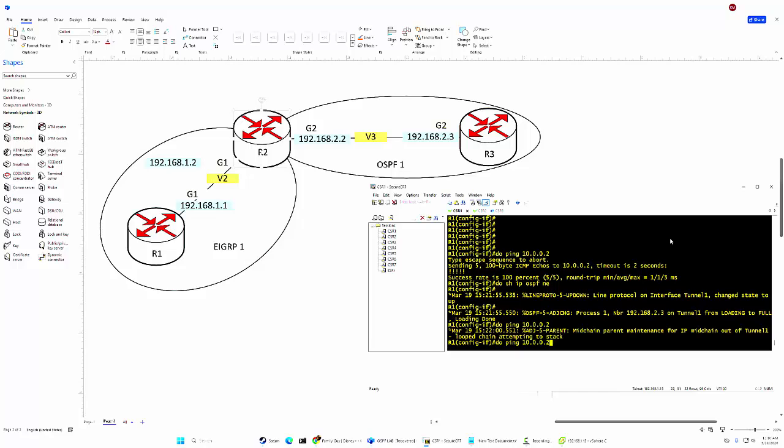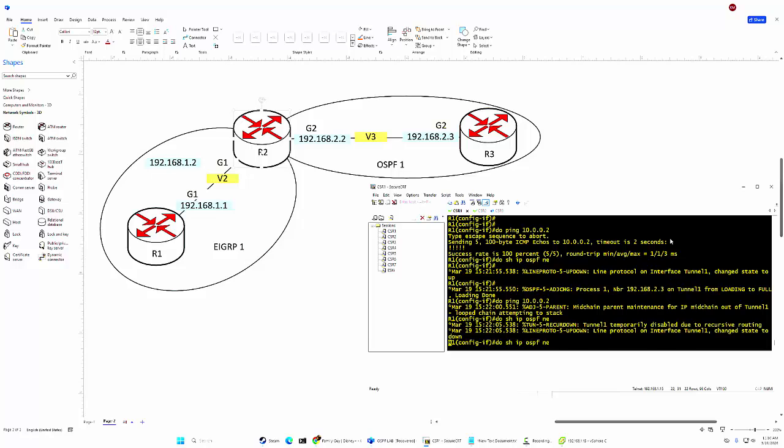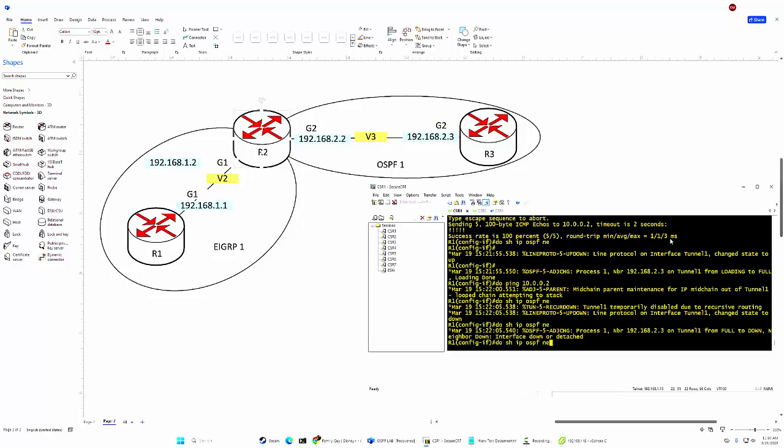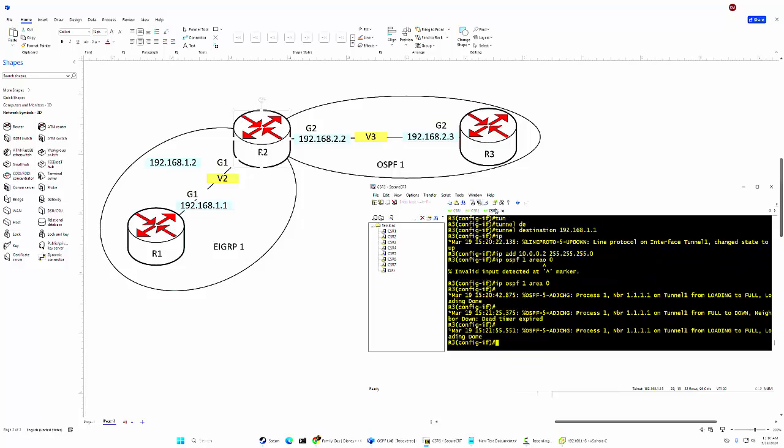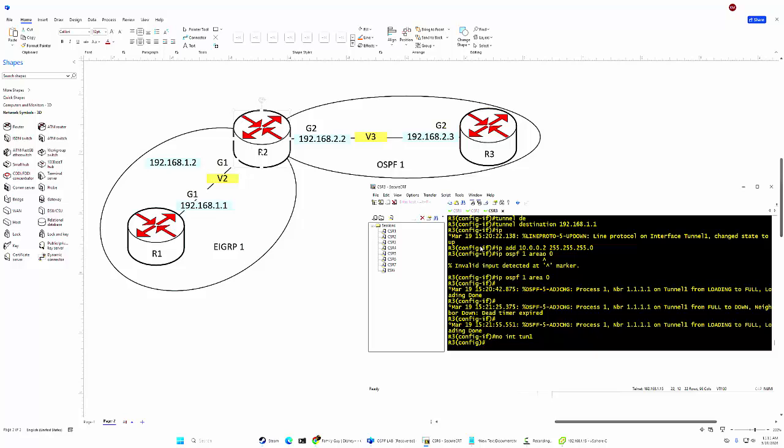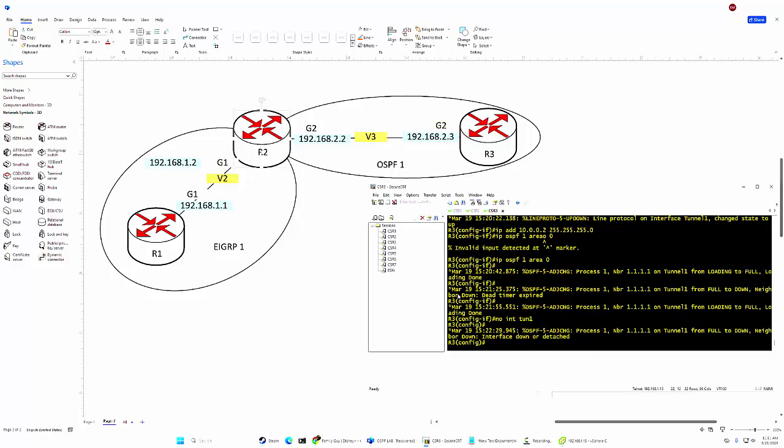I don't know how. Mid chain, recursive routing went from full to down. So yeah, that's what's gonna happen. I don't know how I was able to ping the tunnel. But nonetheless, no interface tunnel 1. So the redistribution aspect is done.